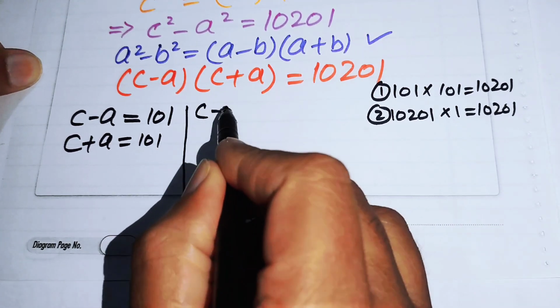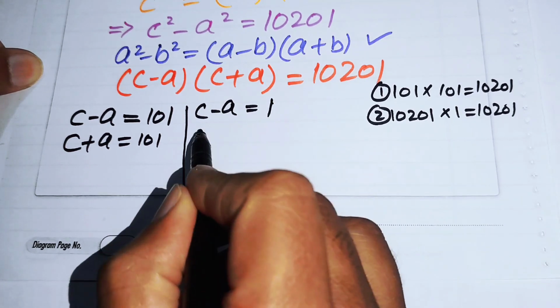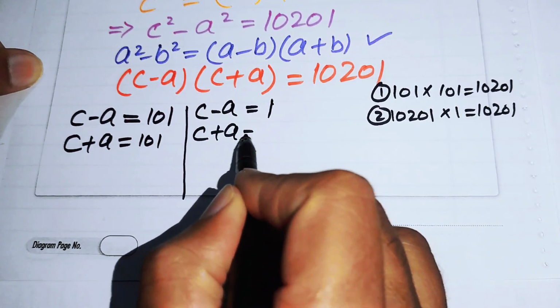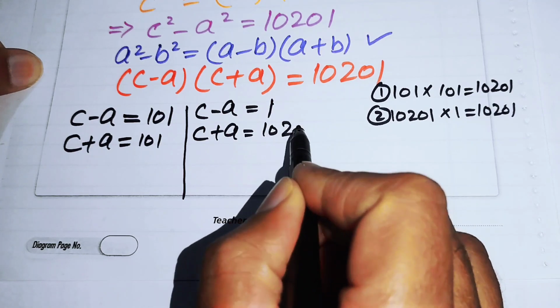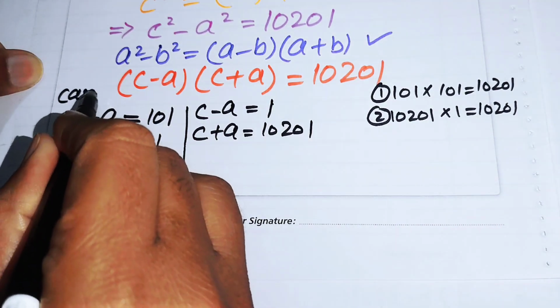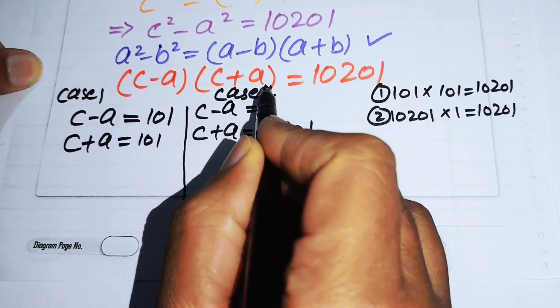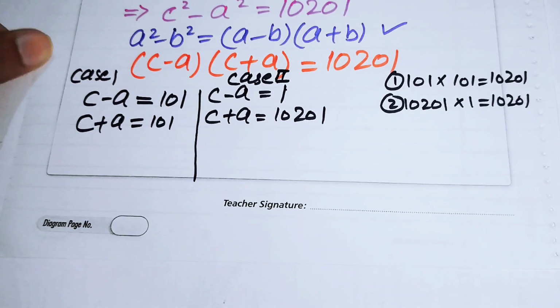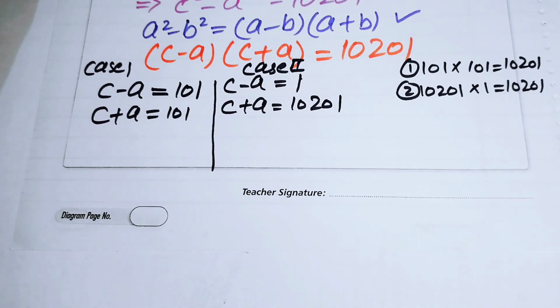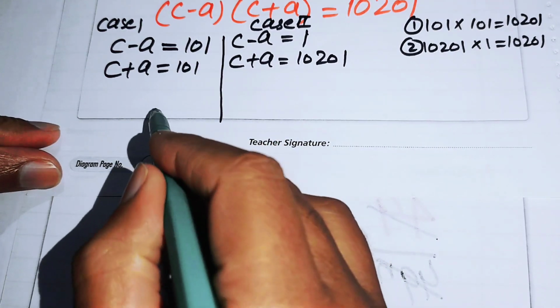Our second case is c minus a equals 1 and c plus a equals 10,201. So this is our case 1 and this is our case 2. Now we can solve these two cases one by one. First we solve case number 1.